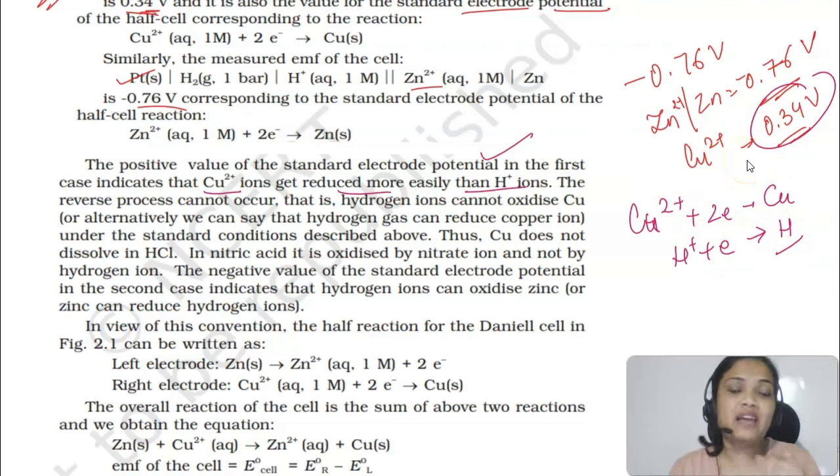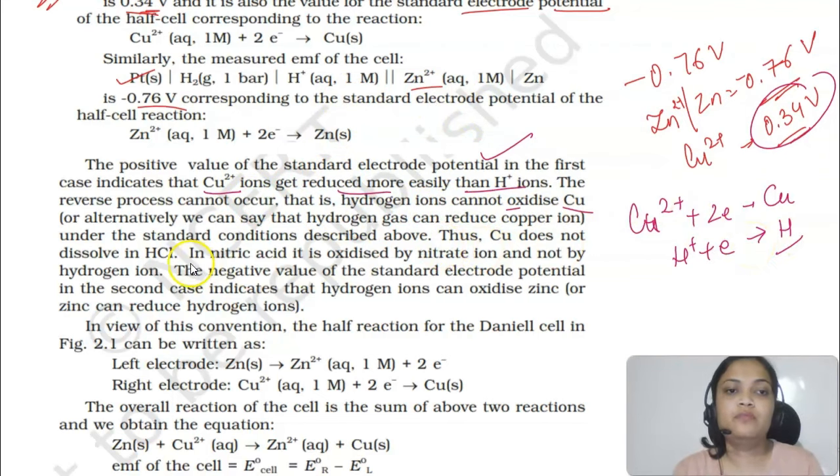It has more reduction potential than hydrogen. Hydrogen is 0, here it's 0.34, so more reduction potential means more tendency to get reduced. All the ions that have positive reduction potential will have more tendency to get reduced than H plus ions, and the reverse process cannot occur, that is, hydrogen ions cannot oxidize copper.